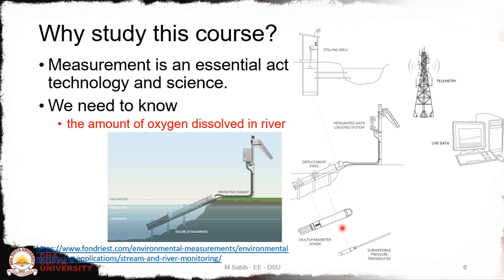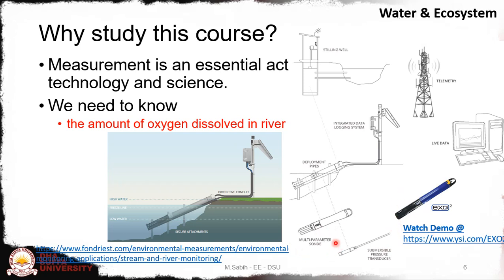It may consist of many devices, like for example a multi-parameter sonde, a submersible pressure transducer, an integrated data logging system, telemetry, and live data transmission. You can go and watch a very good demo about this multi-parameter sonde.